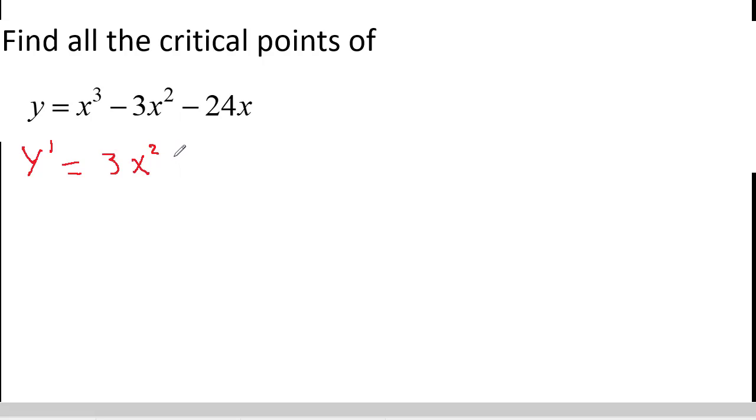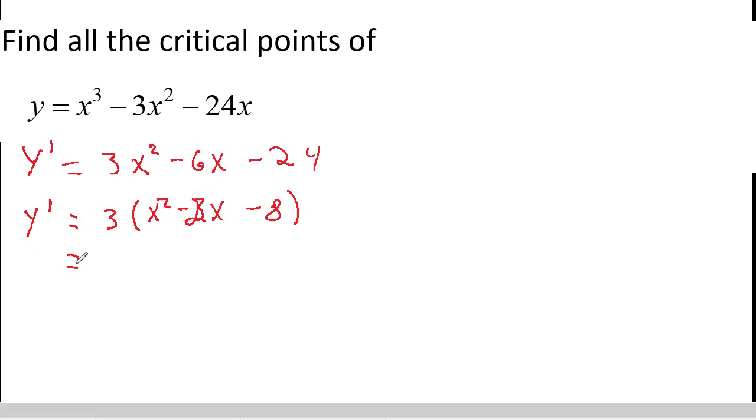So we have our derivative is 3x squared minus 6x minus 24. To find the critical points, we just need to figure out where this derivative is 0. To do that, we could write this function in factored form. Factor out the 3, and we get 3 times x squared minus 2x minus 8.